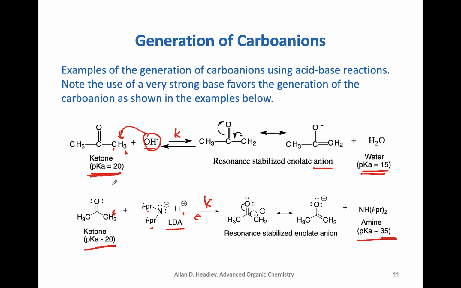So again, whenever you need to generate your enolate by this method, it's best to use a very strong base such as LDA to get a maximum amount of your conjugate base here, or your enolate, or your carbanion.